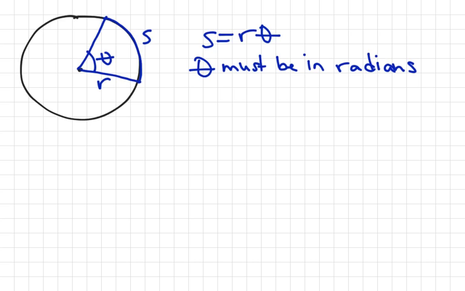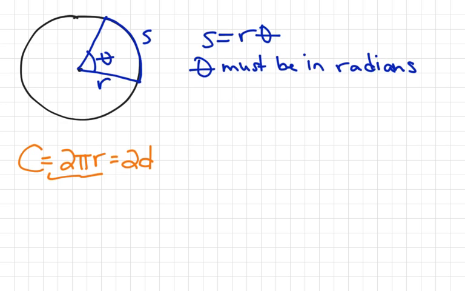Now what we did in geometry was we would find out what percent of the circle that angle took up. And then you find the length around a circle, called the circumference, by doing 2 pi times the radius, or we used to say pi times diameter, but this one's more useful for us.